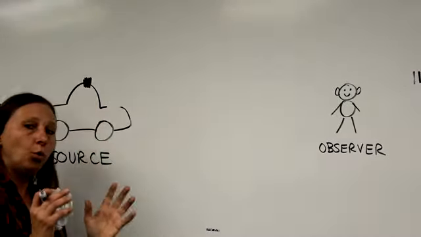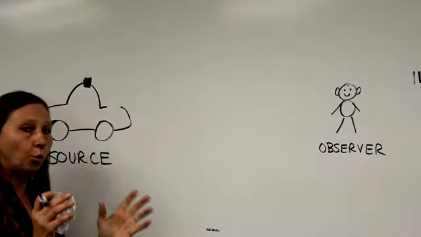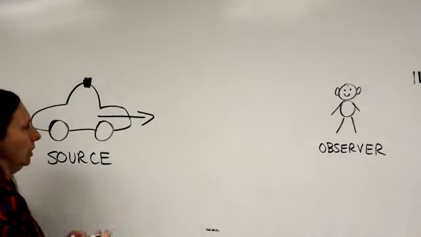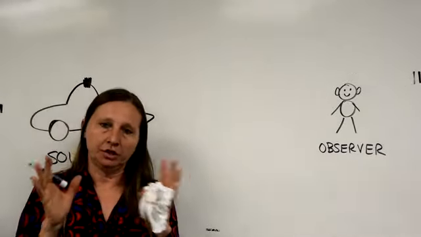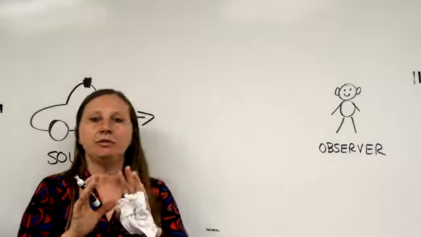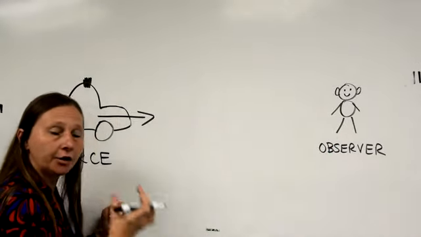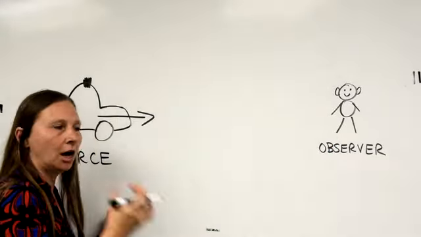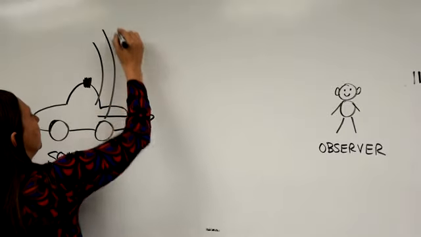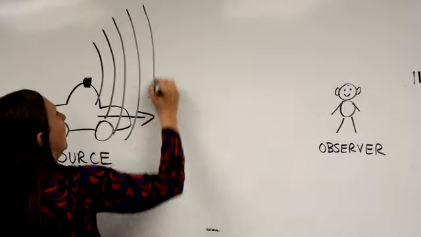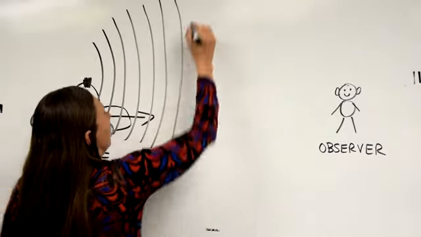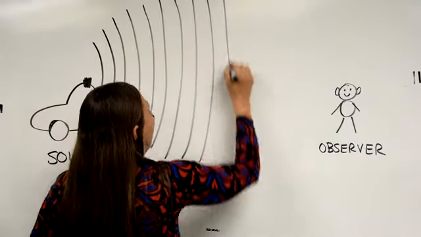It's still ooh. But if the police car is driving toward the person, the sound waves, for lack of a better explanation, get scrunched up, and the person hears that higher pitch, that higher frequency. So if the police car is going toward the person, it's going to sound like this: eee, higher.